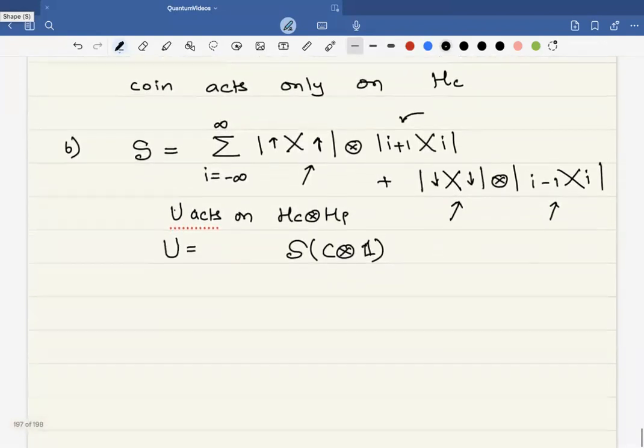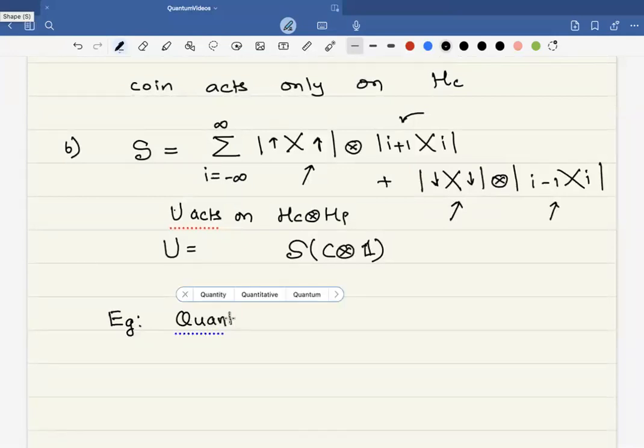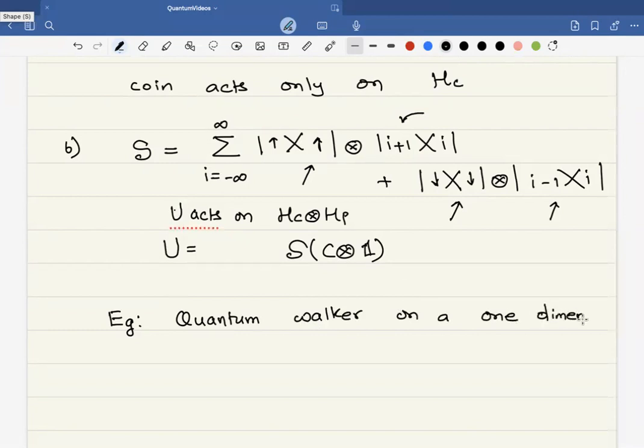Now let's take a similar example of the quantum walker on a one-dimensional lattice. Okay, so we'll again do 3 time steps, an example of a quantum walker on a one-dimensional lattice.